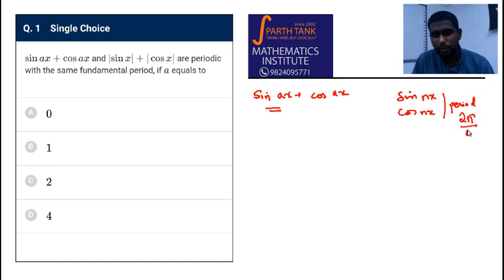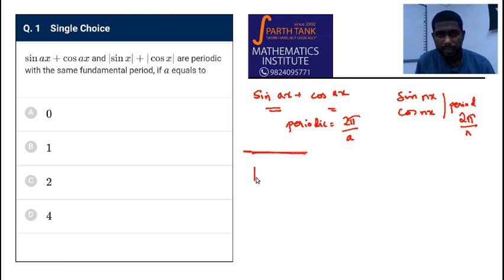Sin x is periodic with 2 pi, sin 2x will be periodic with pi, and so on. Therefore, both these functions are periodic with 2 pi by a. So the summation of both these functions is also periodic with 2 pi by a.